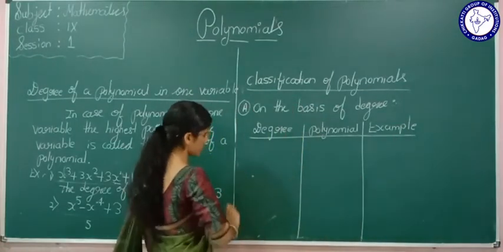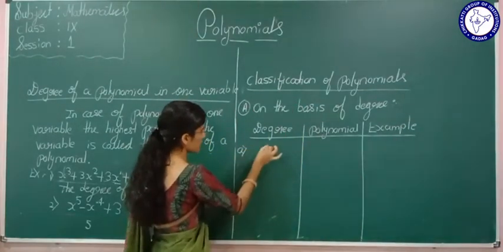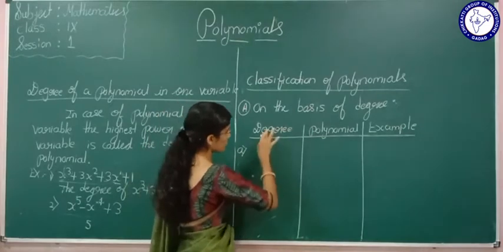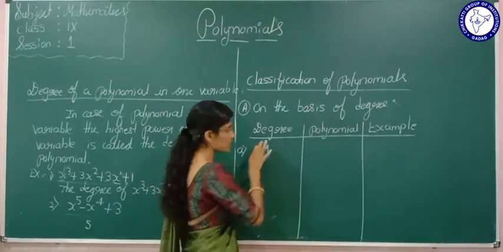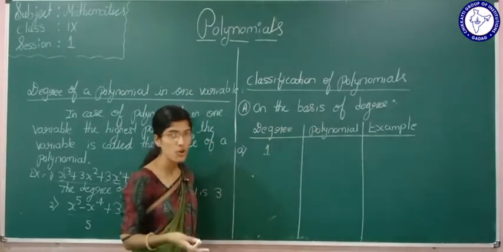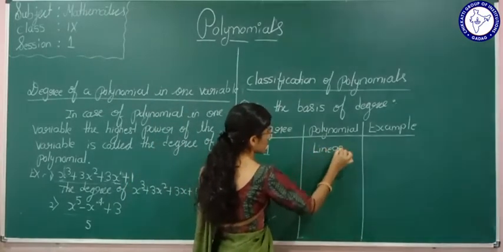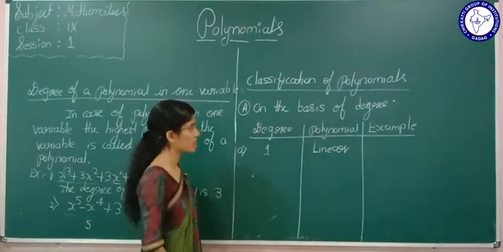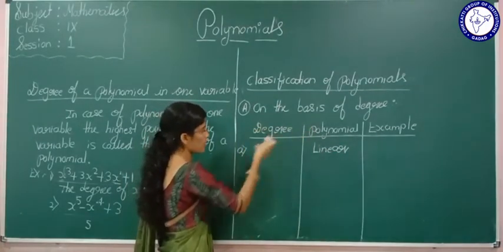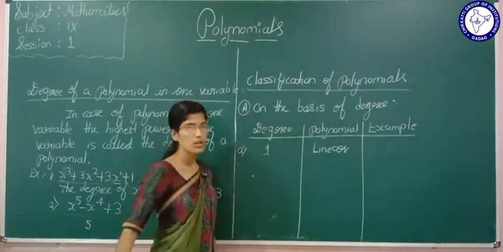Now see students, if the degree of the polynomial is 1, that is called a linear polynomial. If the degree of the polynomial is 1, that is called linear polynomial.